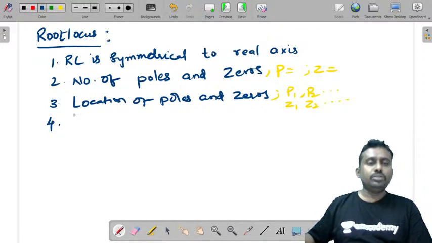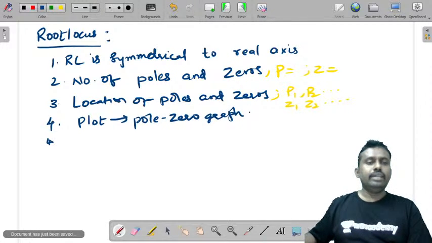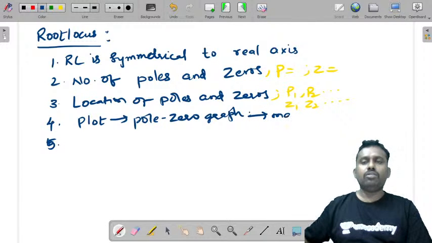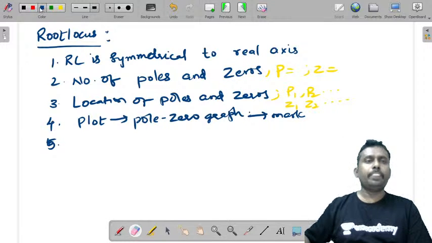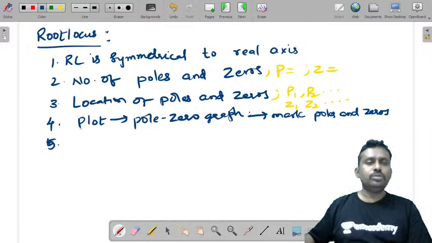Now coming to the fourth one, you can draw a pole zero plot, and on this you'll mark all the poles and zeros. It has to be actually drawn on a graph.